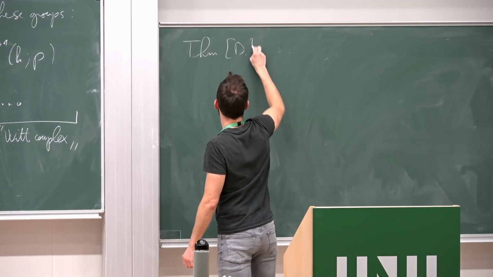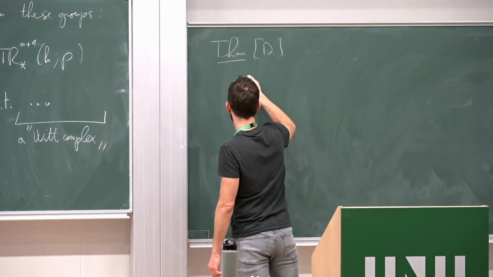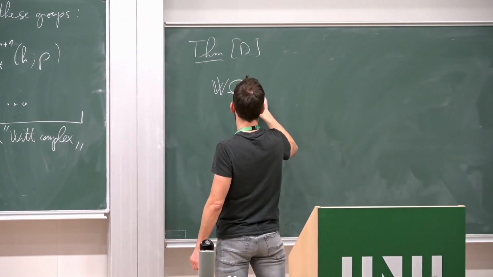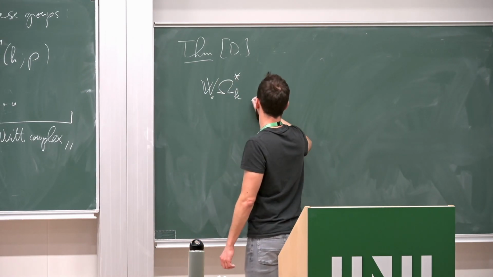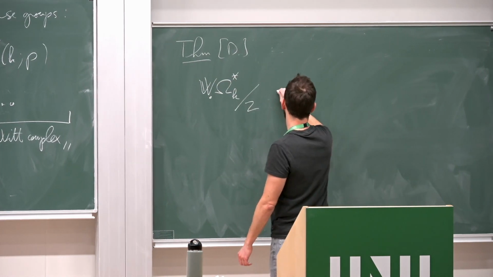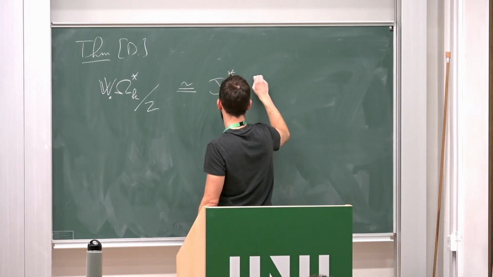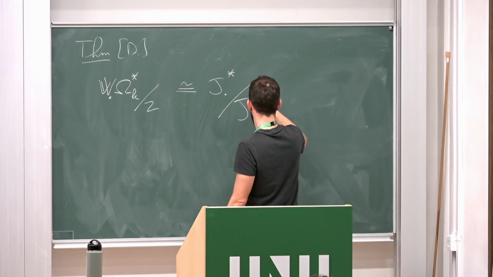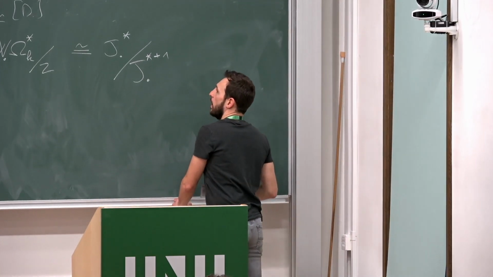So the theorem is that if you take the de Rham-Witt complex mod 2, this is isomorphic to the graded associated to this relation, the powers of this ideal.